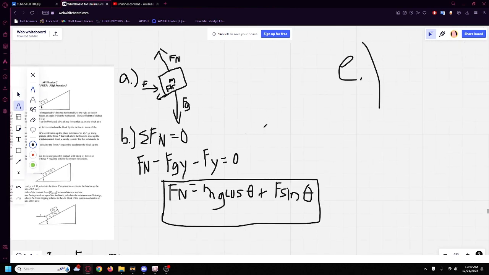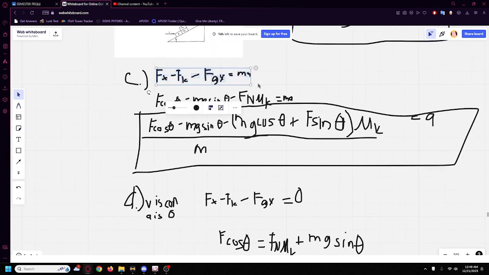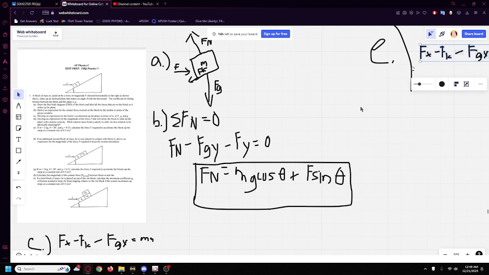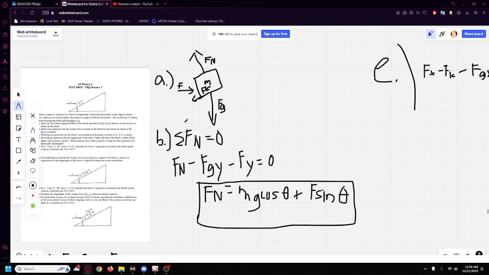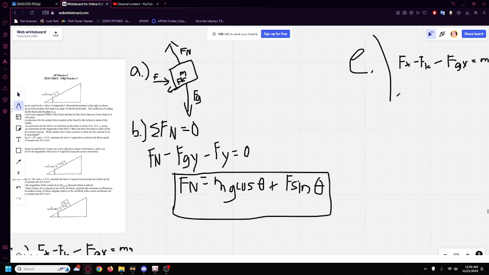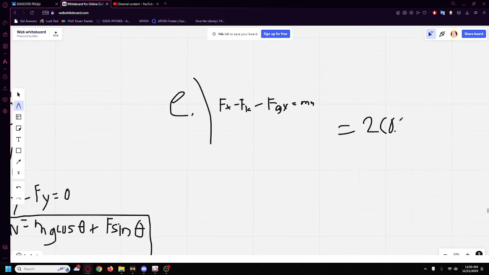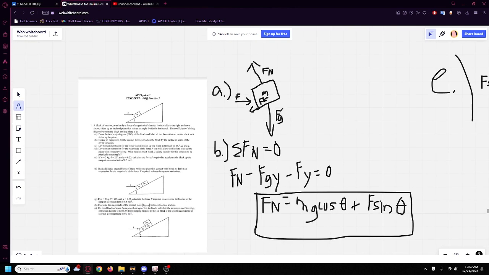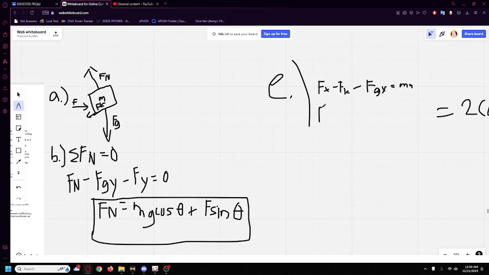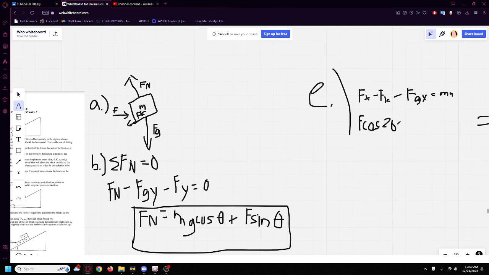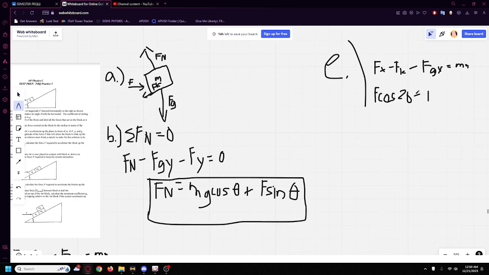Okay, so for E, we know that F_x equals ma, so a is 0.5 and m is 2, so ma is 2 times 0.5, and it'll be F cosine 20 minus F_k minus F_gx.